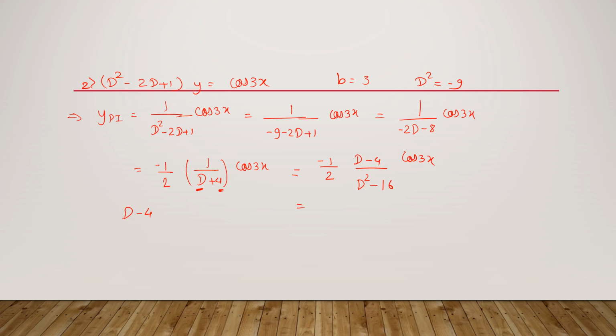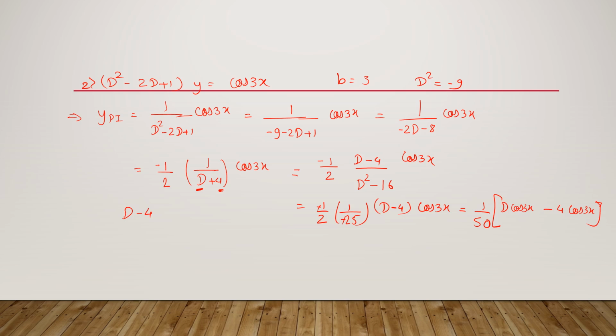If I substitute D square equal to minus 9, then I get minus 1 upon 2 into 1 upon D square minus 9 minus 16, which will be equal to minus 25. So this minus minus gets cancelled, and simply operate this D minus 4 separately on cos 3x, then we have plus 1 upon 50 into D cos 3x minus 4 cos 3x.